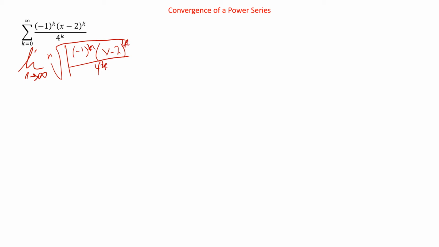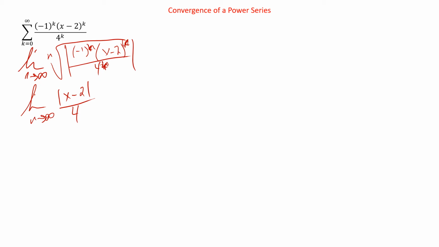I was just copying the equation above, but I changed the value to n. So when we take the nth root, that's going to get rid of all of the exponents in addition to that negative 1, leaving us with the limit as n goes to infinity of the absolute value of x minus 2 over 4.